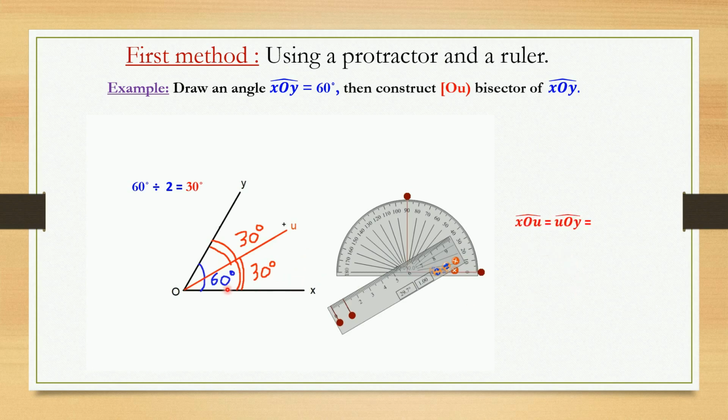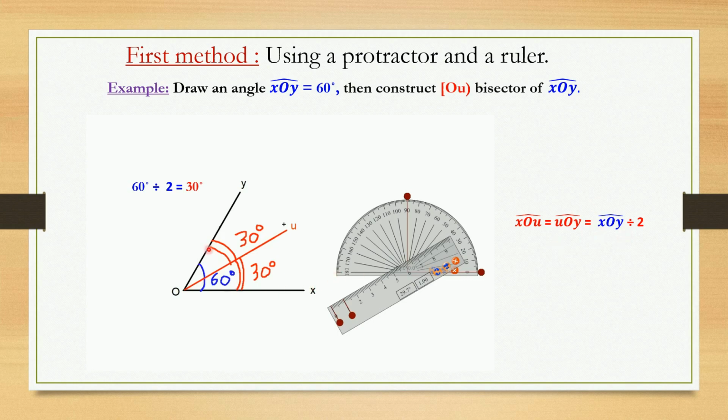So angle XOU equals angle UOY equals XOY divided by 2. So from now on, if they ask us to calculate each of these two adjacent equal angles, they are equal in measure, and to calculate them, I need to write this equation.